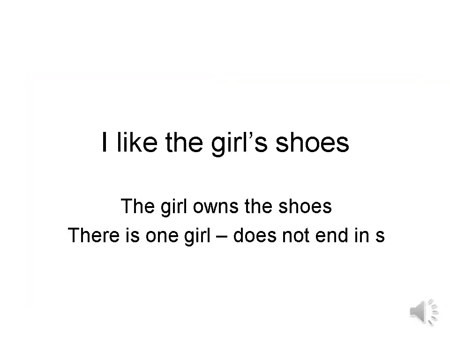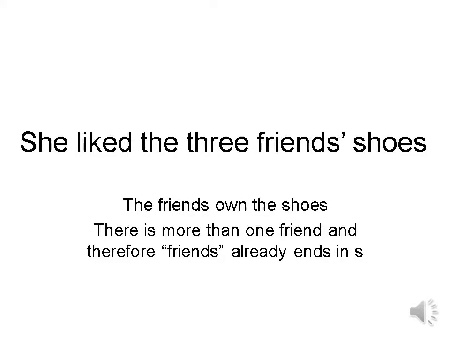So the first example: I like the girl's shoes. We notice here that the apostrophe is after the L, so it's G-I-R-L apostrophe S. The girl owns the shoes. There's only one girl, it's not girls, therefore the apostrophe is after the L. She liked the three friends' shoes.